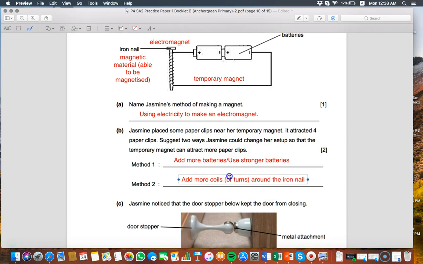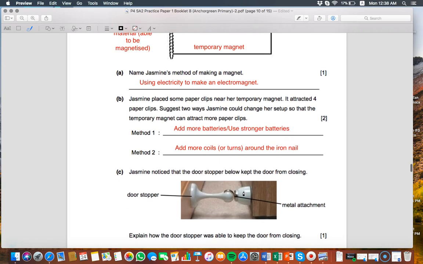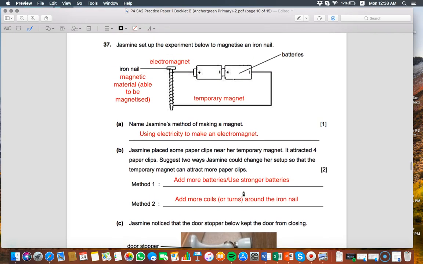Right? So the second method is about the coils. Okay, teacher, if you need to, you can pause the video so that the students can copy down their workings and their answers.